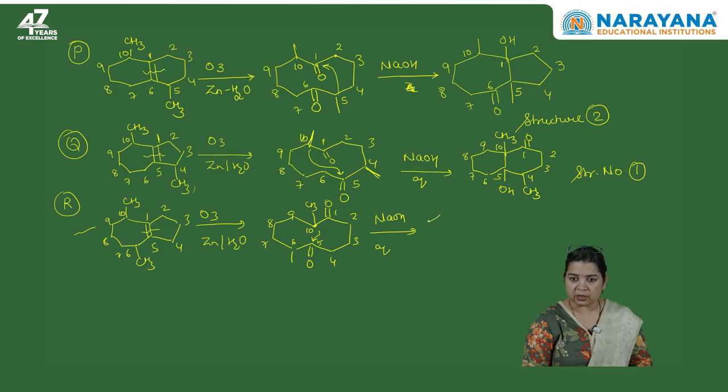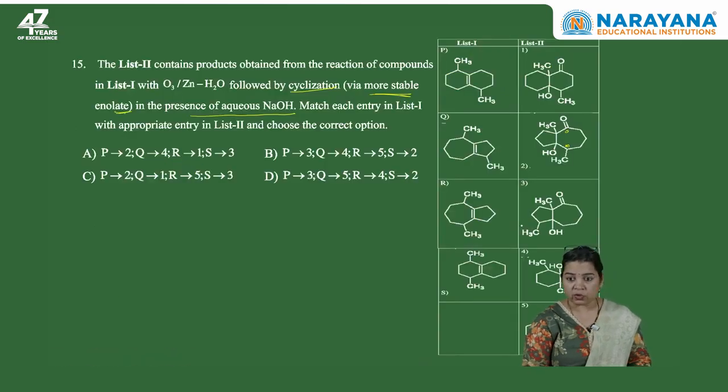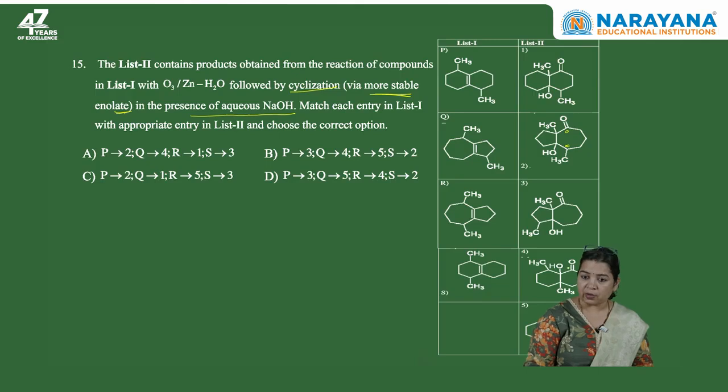So it appears that again I will have two 6-member rings, but the junctions this time are slightly different. In this, one ring had nothing, whereas here one has carbonyl, the other has methyl, and that too on the opposite side.